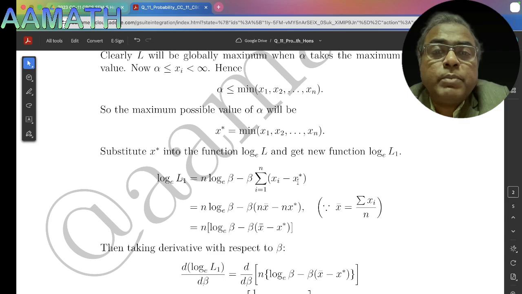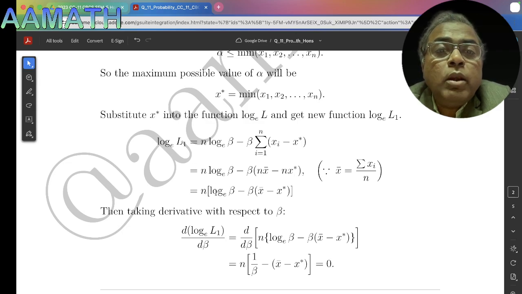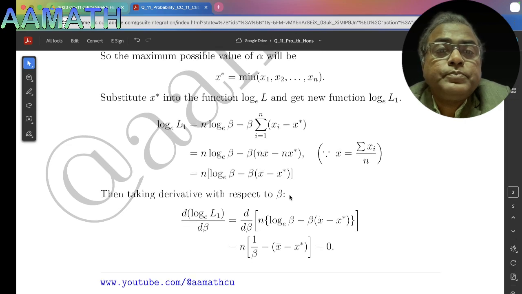We note x bar, the sample mean, summation xi by n. So we can write summation xi equal to n into x bar, where the summation runs from i equal to 1 to n. So beta into n x bar minus n into x star, taking n common: n log beta to the base e minus beta bracket x bar minus x star.